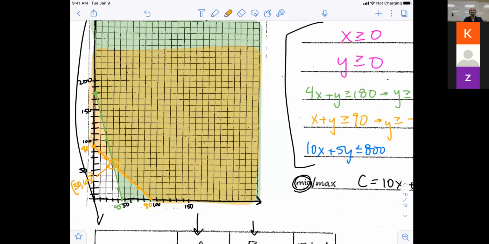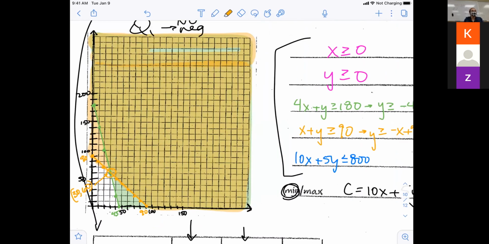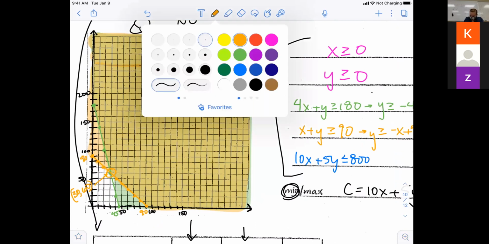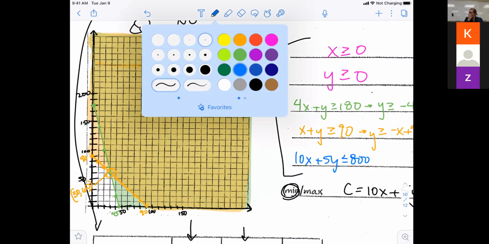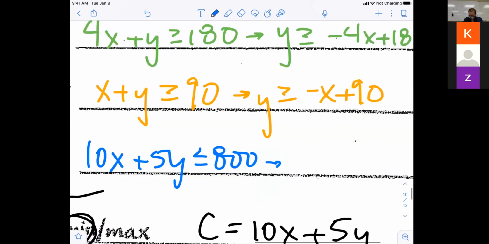Okay, everyone good so far? The last thing I got to do is my blue line. So I'm going to graph that one. Again, I'm going to put it in slope-intercept form and graph from there. So I'm going to minus 10x from both sides and divide by 5. So y is less than or equal to negative 2x plus, I think it's 160.